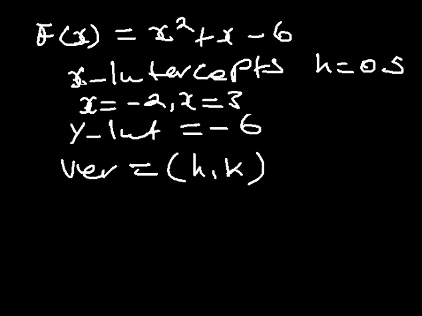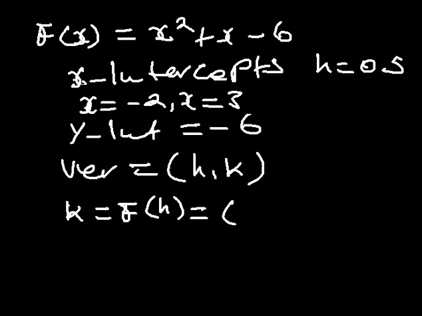Then we need to have the value of k. The value of k is the same as f of h, where in the function, wherever there is x, we substitute h.